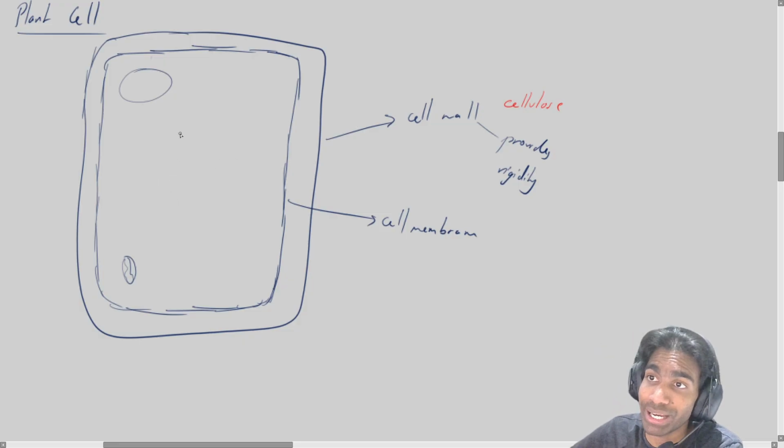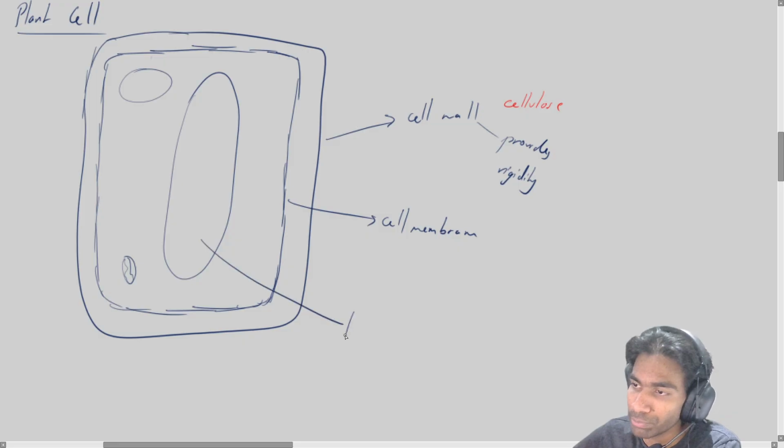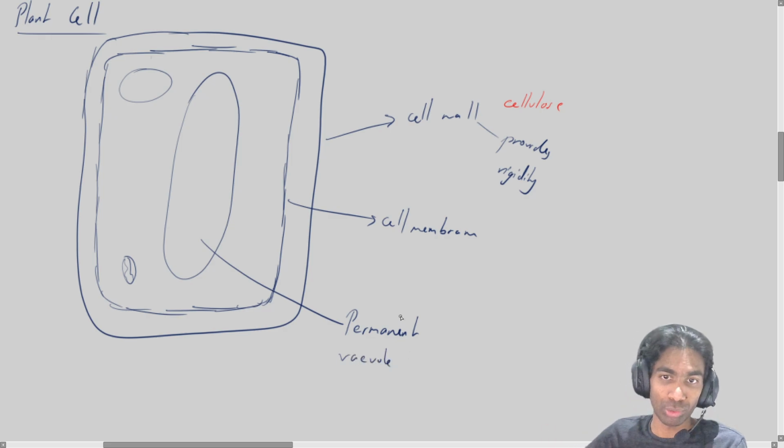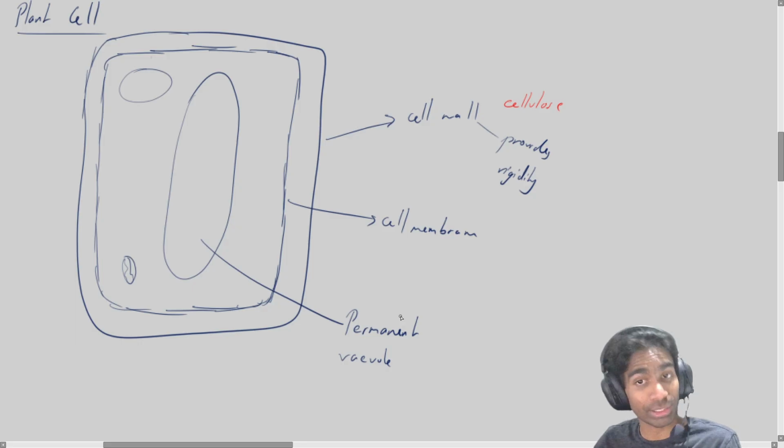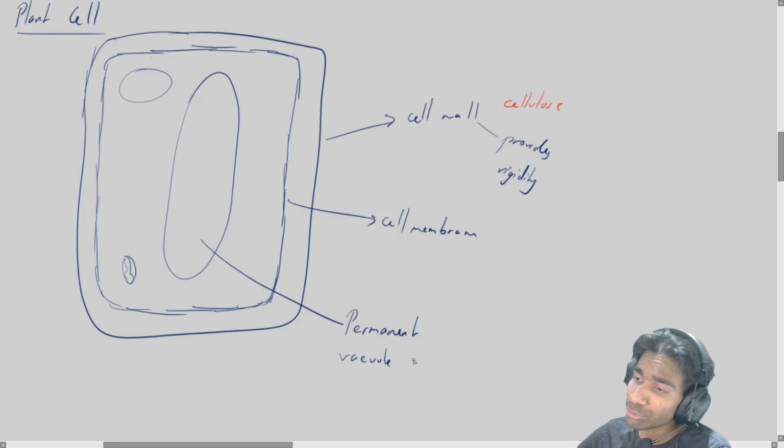But what it also has that an animal cell doesn't have is that a plant cell has a giant permanent vacuole. Okay, and it's permanent as opposed to animal cells which have temporary vacuoles every now and then. Now, a vacuole is a particular membrane-bound storage area of a cell. In the case of plants, it stores something that's called cell sap. Cell sap is just a solute.